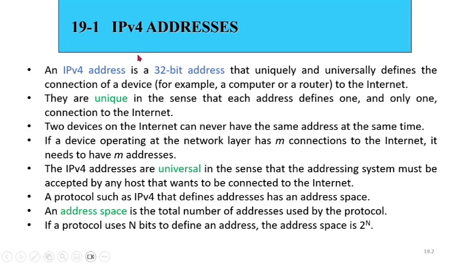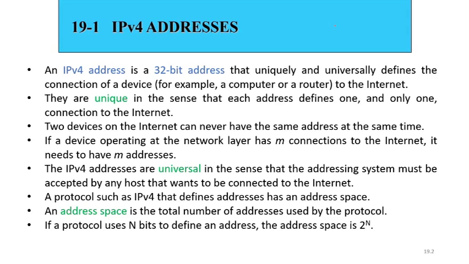So logical addressing is basically done by two different methods, IPv4 and IPv6. What is the meaning? Whatever the devices are there, there are different devices available that are going to be connected through the internet.